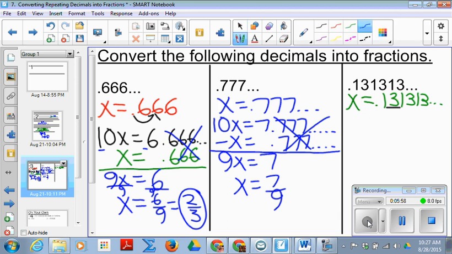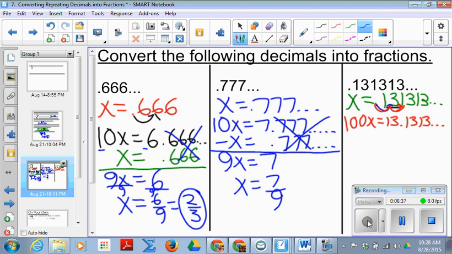It only gets our point over one place, which would give us 1.313131, and we want the 13 to be the repeating part. So we need our decimal point to move over 2 places, behind the 1. To do that, we multiply the original by 100, because that'll give us 13.131313 repeating.